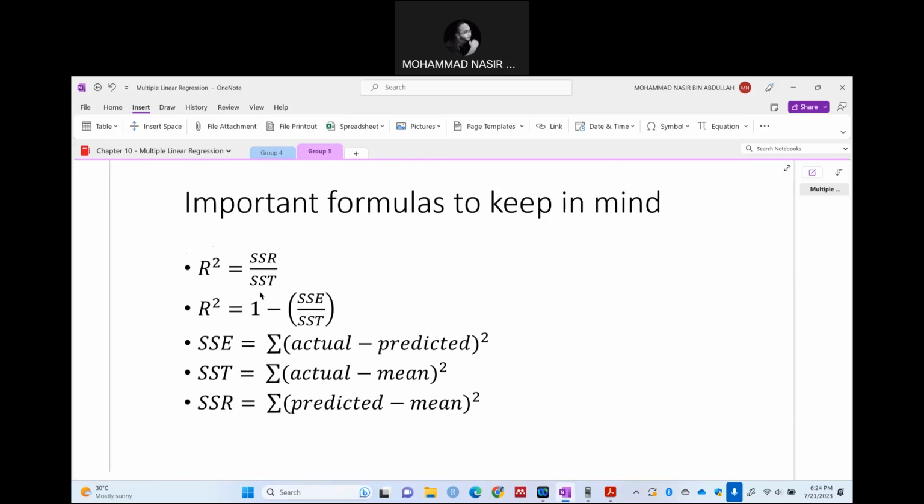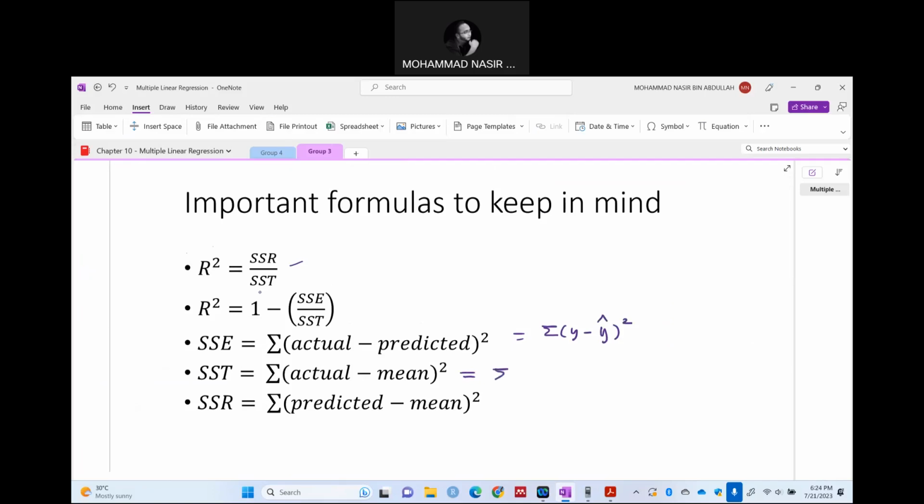So this is the equation that you need to remember. R square is equal to SSR divided by SST. And we can use another one, which is 1 minus SSE divided by SST. Right? And for the multiple linear regression, we can use summation of actual minus predicted. This is also equal to summation of (y minus y hat) square. This is sum of square error.